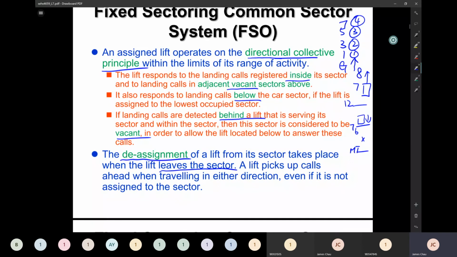As a result, we call this leaf deassigned. Okay, so a leaf picks up calls ahead when traveling in the other direction. When it is deassigned, it means the leaf does not belong to any setter. Therefore, it can receive or answer any call in any direction. Okay.